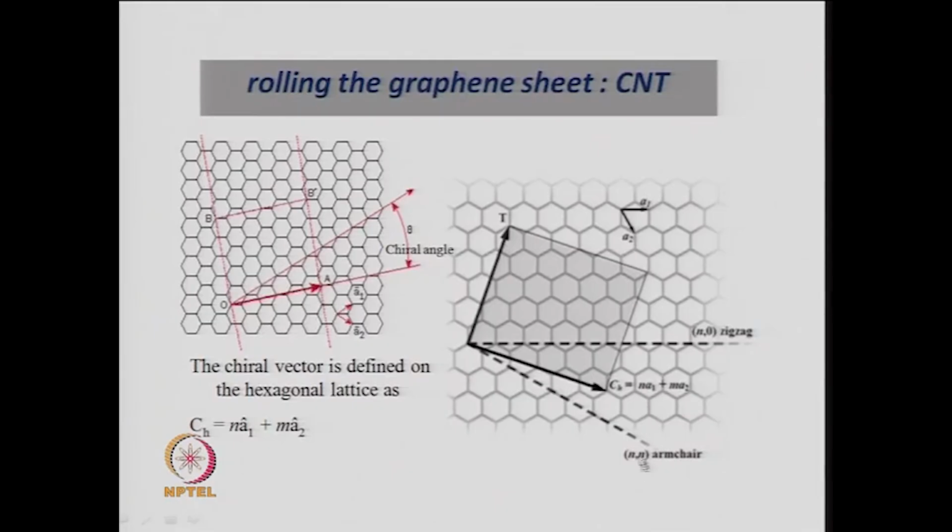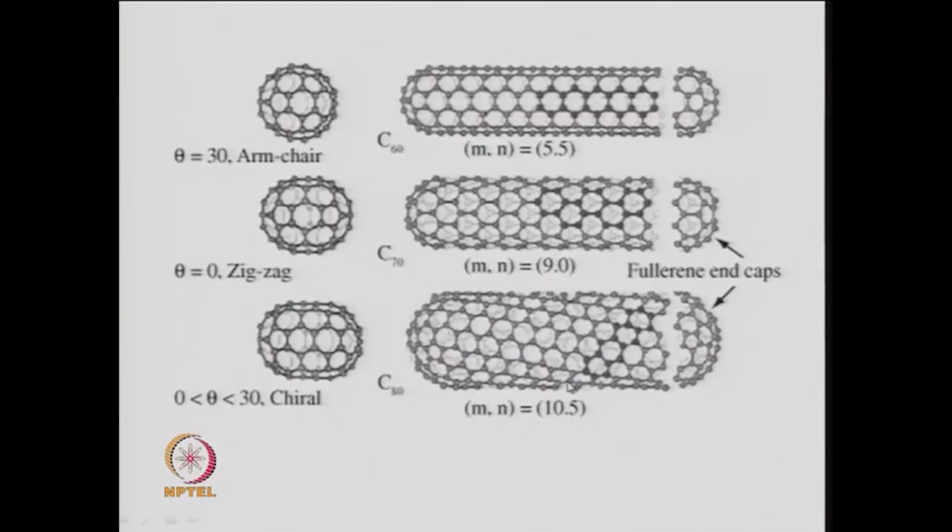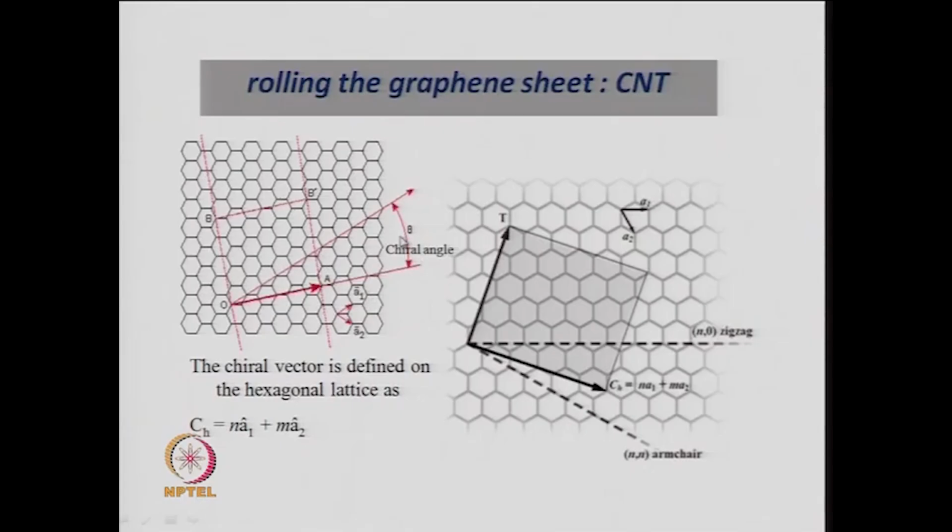So, for an armchair, the chiral angle is theta. If n and m are the same, then the chiral angle will always be 30 degrees, and for a zigzag carbon nanotube the chiral angle will be 0.